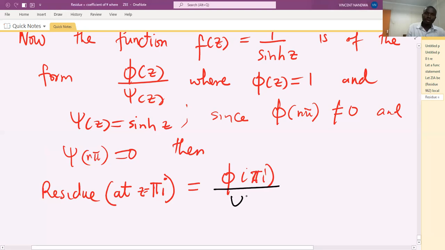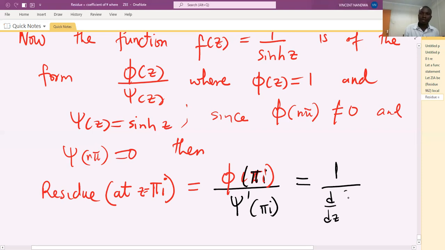This we saw in the introductory parts. So phi of pi i remains 1. The derivative is d dz of hyperbolic sine of z evaluated at z equals pi i.